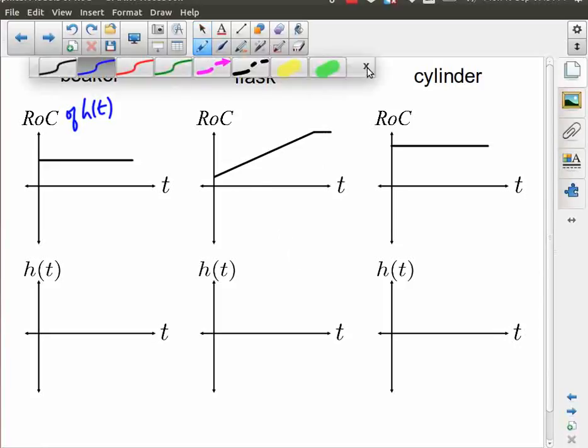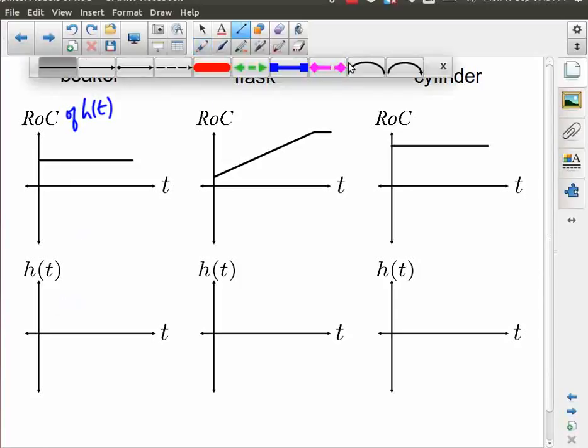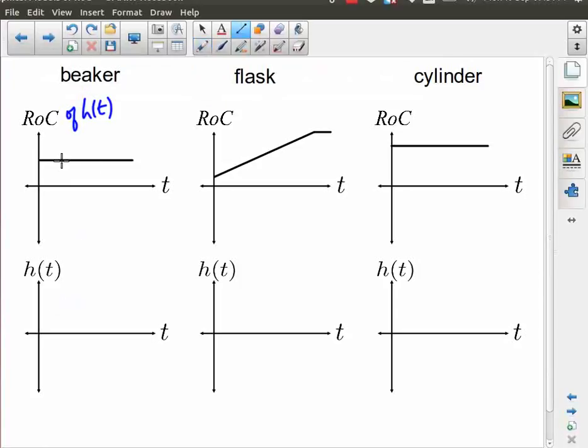Okay, can we turn these into something meaningful with regards to the height? And I think, again, I'll use my straight line tool for most of these. So the rate of change here is constant and positive. That means the slope here is constant and positive. The height starts at 0 and increases to whatever the height of the beaker is.